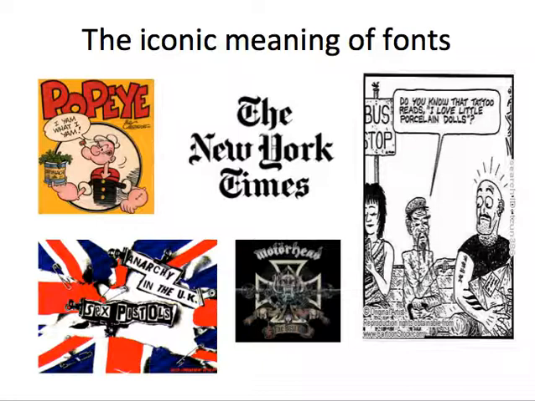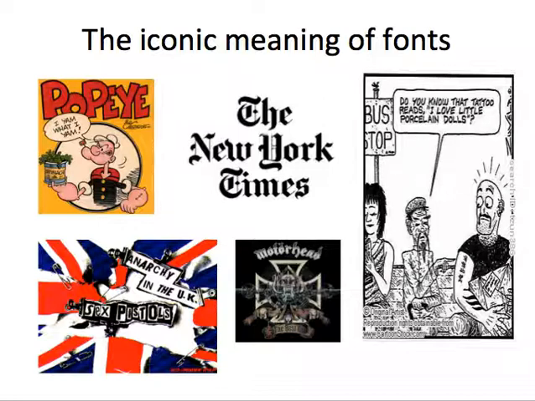You're probably also familiar with the iconic meanings in terms of fonts. So if you look at these, you know that that first one, that comic Popeye, always conveys something like a comic, something funny. And we wouldn't expect that font to be used in a serious newspaper. We'd expect something gothic like the New York Times.